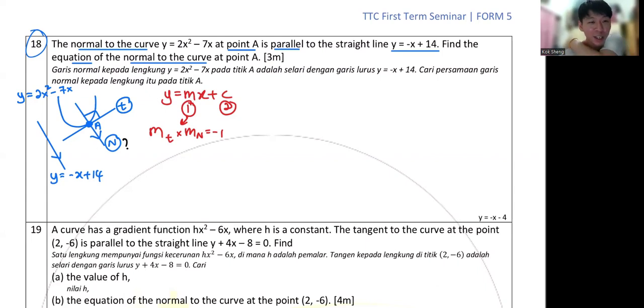Instead of going for the perpendicular formula, one more way is these two lines, yes, they are parallel. So they are sharing the same gradient. Yep, this is one of the ways.